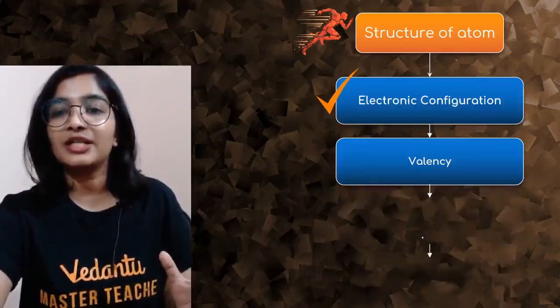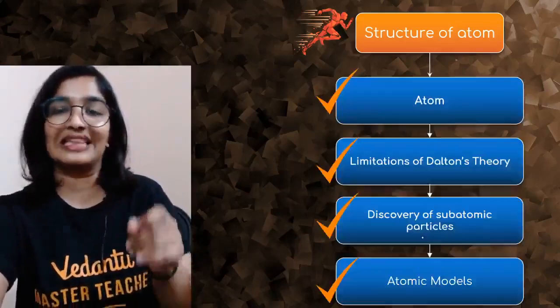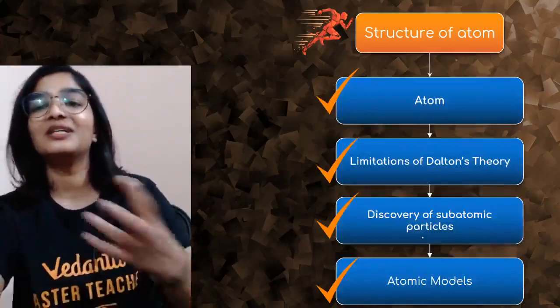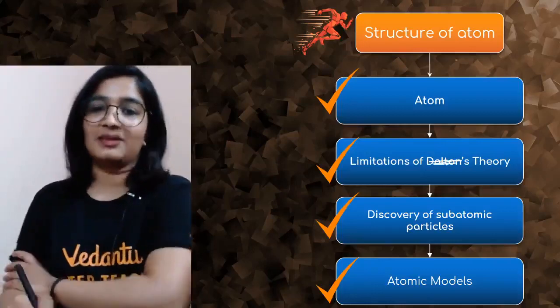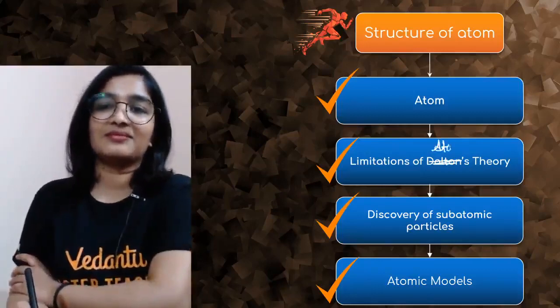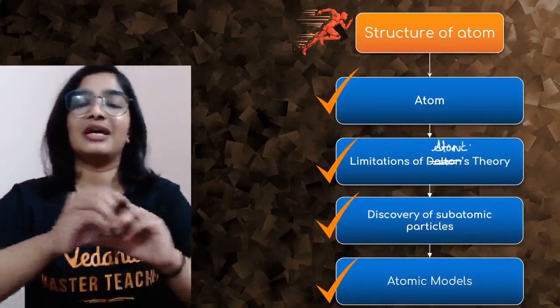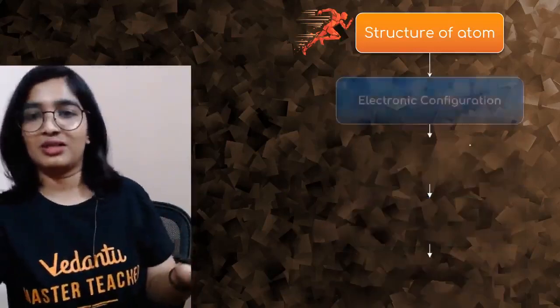The limitations of Dalton's atomic theory is not in this chapter; it's the limitations of the atomic theories, for example Rutherford's and Thomson's atomic models.